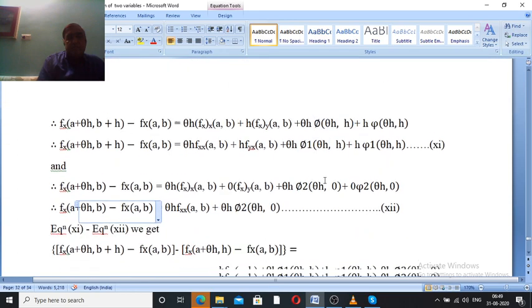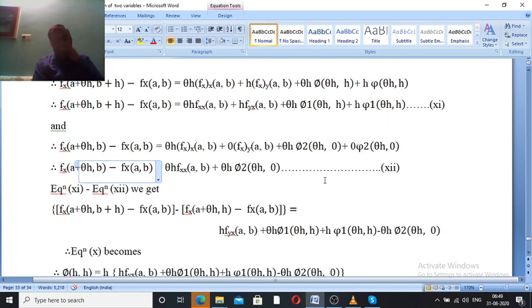Therefore, we write directly the subtraction of these two differences. Equation 11 minus equation 12: θh f_xx at point (a,b) and θh f_xx at point (a,b), both are cancelled.